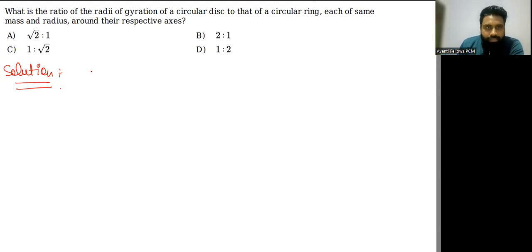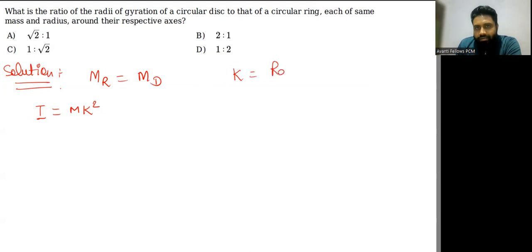Which means the mass of ring is equal to the mass of disk. Okay. We know that the moment of inertia is equal to M K square, and here K is the radius of gyration.